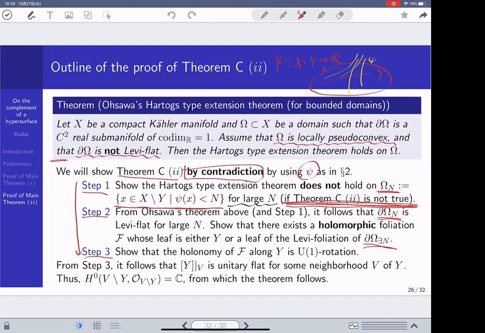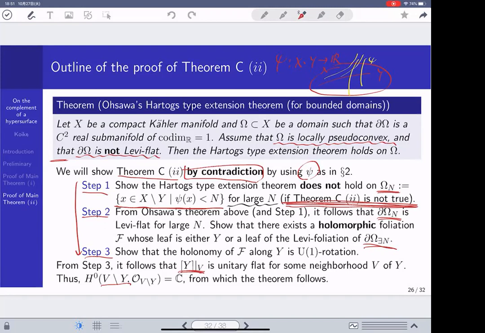If we complete this step 3, it follows that the line bundle of Y restricted to a neighborhood V is unitary flat for some neighborhood V of Y. In this case, as I explained in the introductory section, for any neighborhood V, V set minus Y only admits constant functions as holomorphic functions.